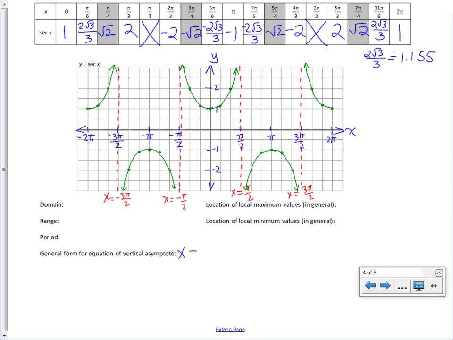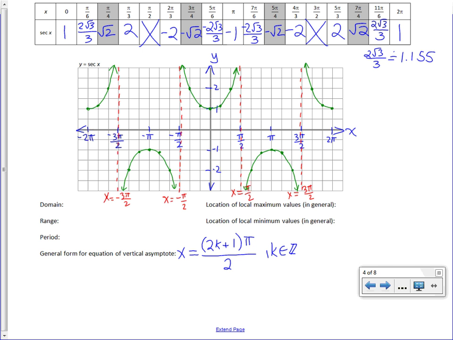So x equals a number that always means odd times pi over 2. 2k plus 1 will always be odd, because k can be any integer, right? You times it by 2, now it's all even integers.